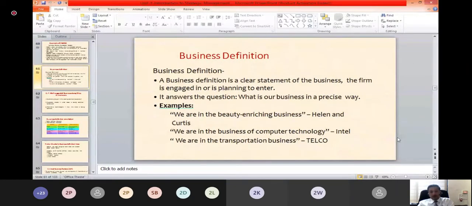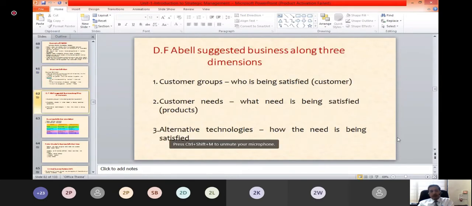Then we discussed the business definition. So, what is a business definition? It is the clear statement of the business, what the firm is engaged in or plans to enter. A few examples we discussed about business definition. Also, we discussed Abell's business definition along three dimensions.